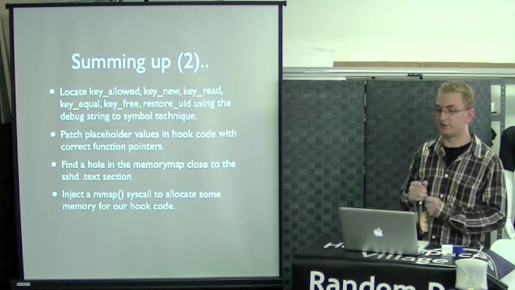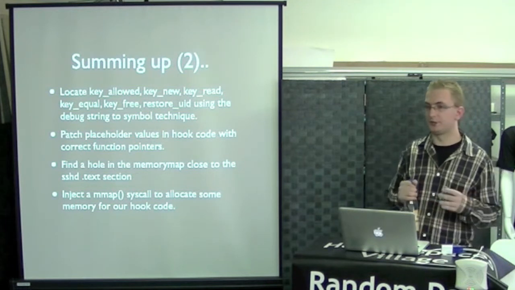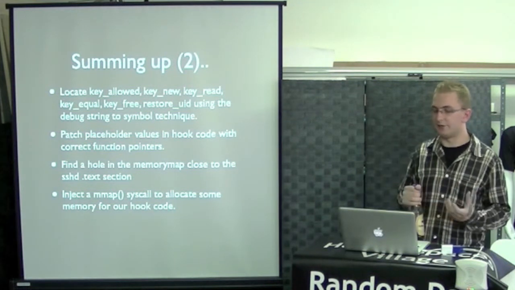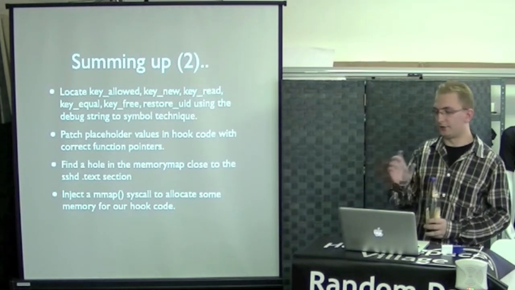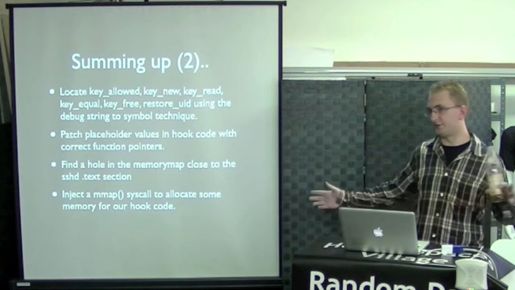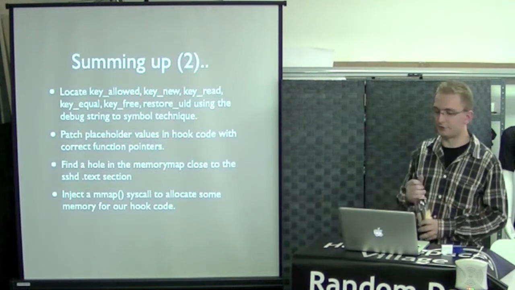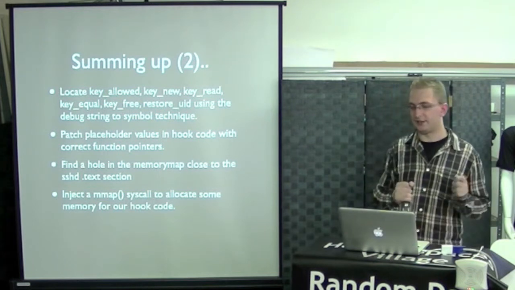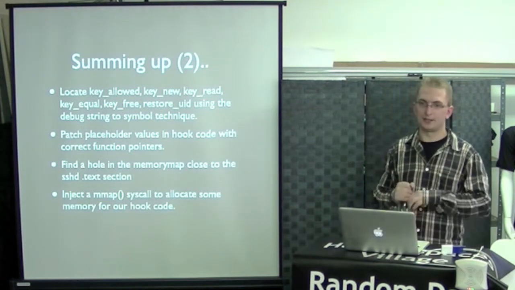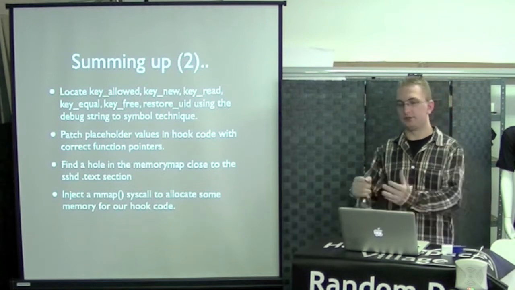Then we find a nice hole in the memory map close to the text section. It's kind of important to have it close, because we're relying on 32 bit offsets, so if the distance is too big, then it won't be possible to patch it cleanly. And next we inject the mmap syscall to allocate a fresh page where we can actually store our code.